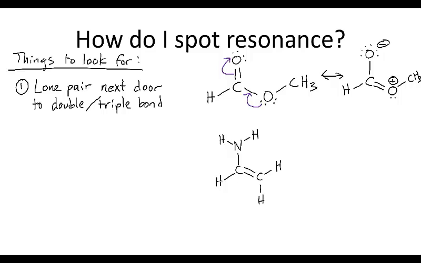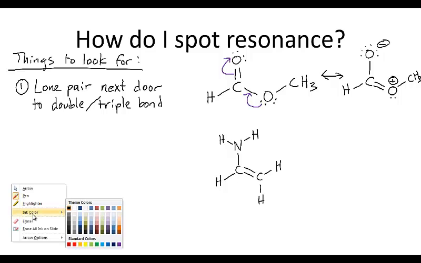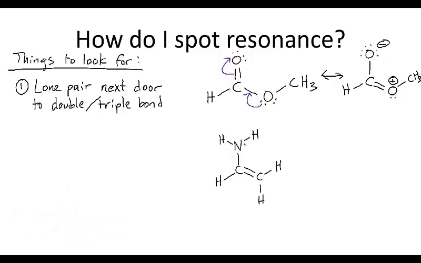Nitrogen. That lone pair lives next to a pi bond. When I see a lone pair that lives next to a pi bond, I'm going to say, all right, I could imagine that lone pair getting shared with this carbon. Carbon needs to make some space, so carbon pushes the pi bond out onto the other carbon.